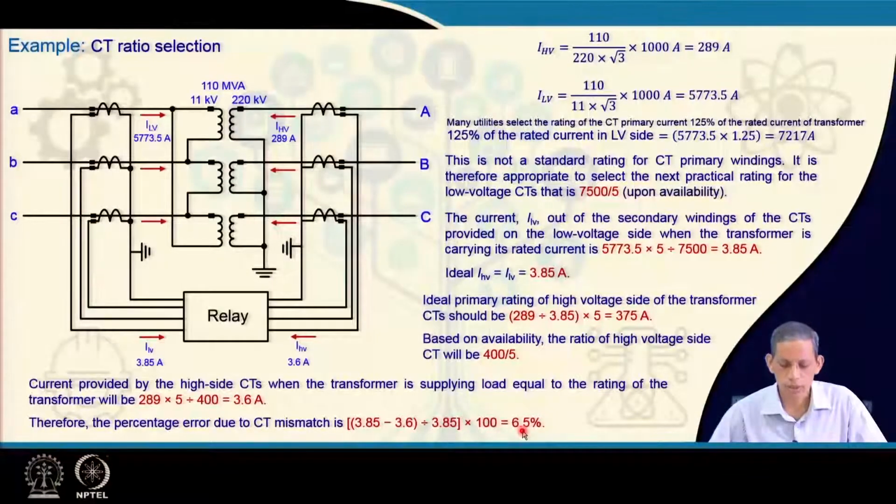So, this is the corresponding percentage of error, the spill current which will be there in the relay due to the CT mismatch and all these things.